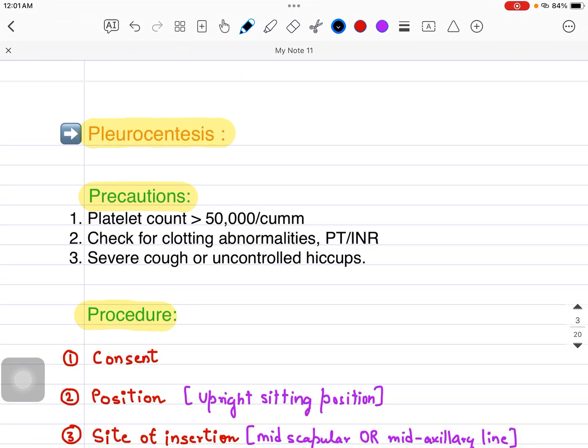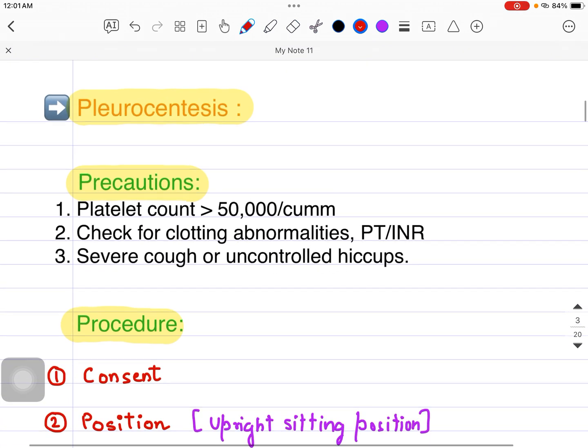Now, what about pleurocentesis? Pleurocentesis means you are draining the pleural fluid from the pleural space. It could be left side or right side. What are the precautions we need to keep in mind while doing pleurocentesis? Very important question. Platelet count should be more than 50,000 because you are going to prick the patient. If the platelet count is very low, there would be difficulty in stopping the bleeding. Check for clotting abnormalities, for example PT/INR or APTT.